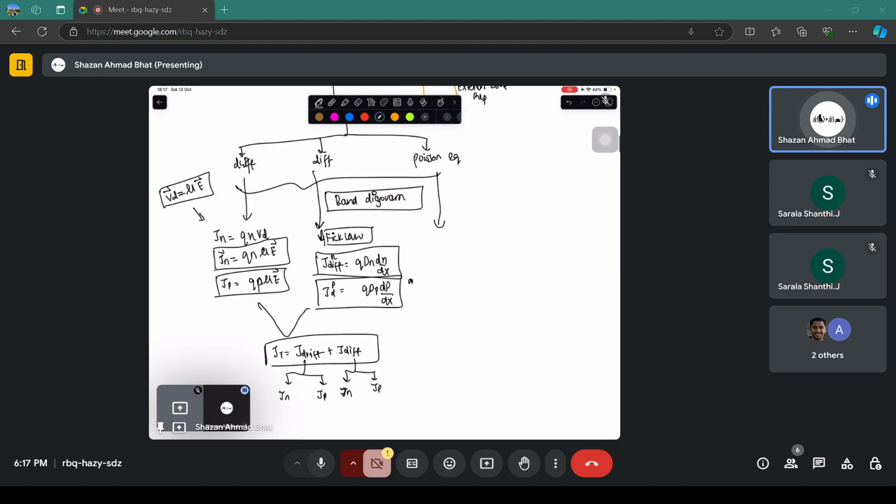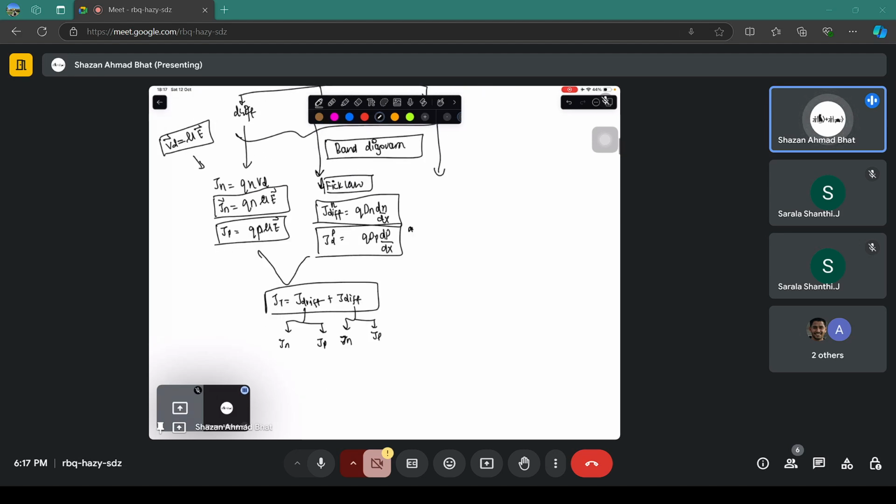And then you studied about the Poisson equation. If you write it in terms of the potential, it gives you something like this: the second derivative of the potential V with respect to x is basically the charge density per centimeter cube divided by the permittivity of the medium.